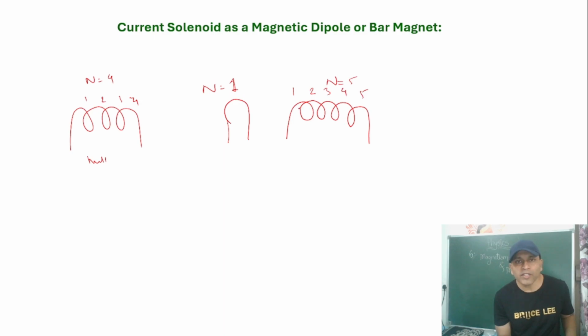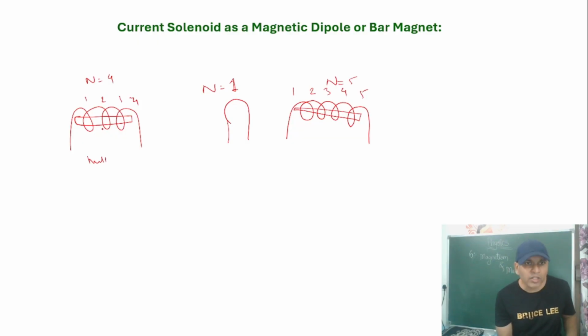In between, maybe some kind of metal rod or something you are inserting, and on that you are revolving these coils. It might be non-metal also.